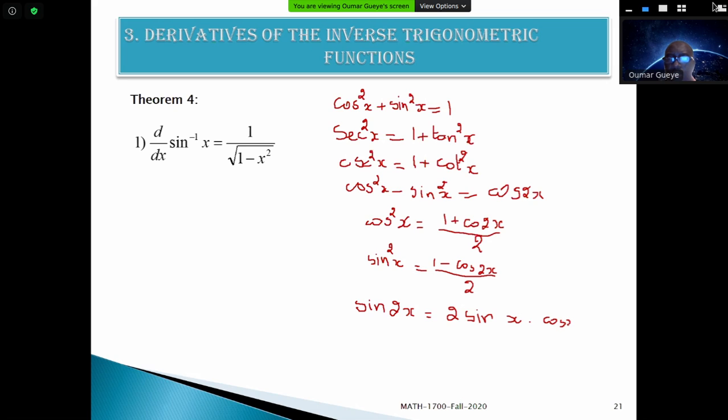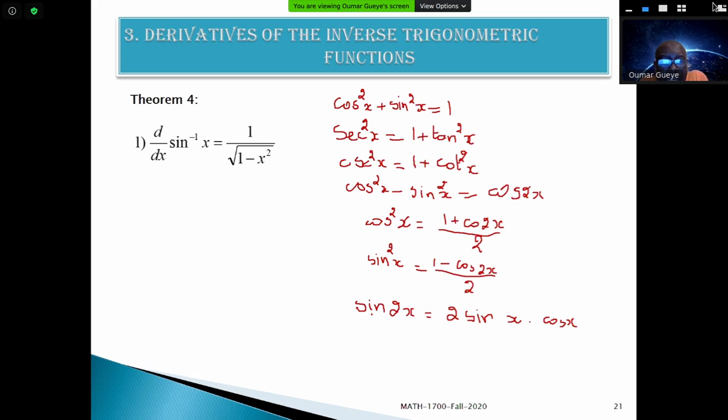In the proof that I showed you a couple of minutes ago, I used the second formula here, secant square of y equal to 1 plus tan square of y. Is it okay? As I said, you have to keep in mind all these 7 formulas.